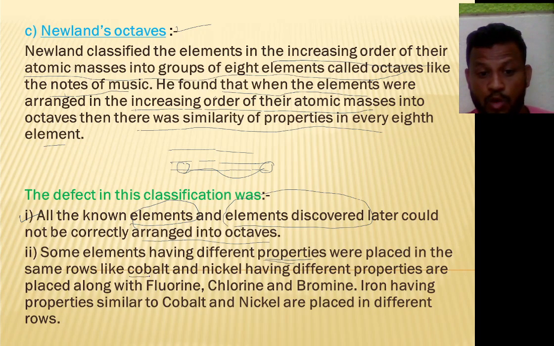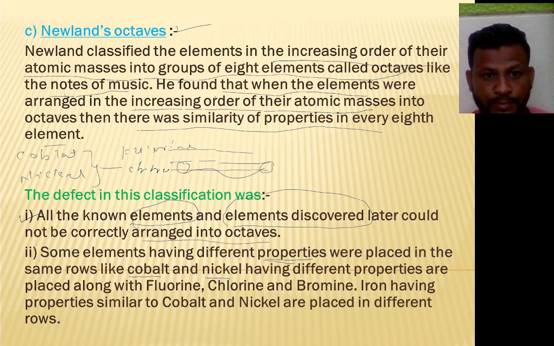Look here, cobalt and nickel having different properties, but they are kept in the row of fluorine, and they are kept in the row of chlorine, and they are kept in the row of bromine.